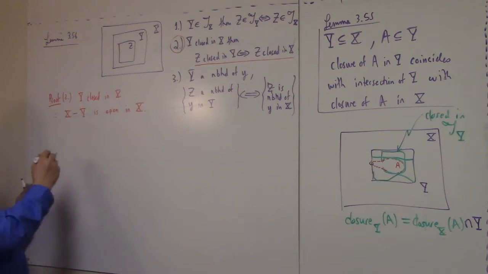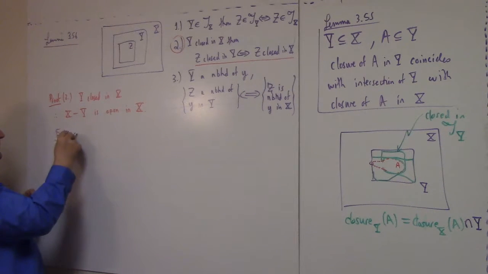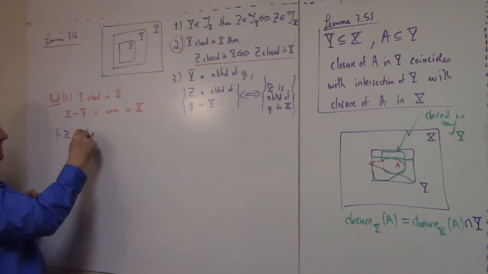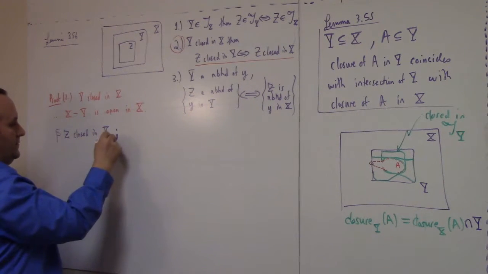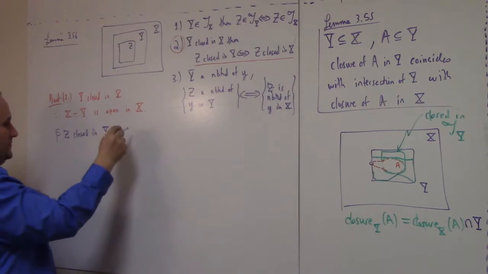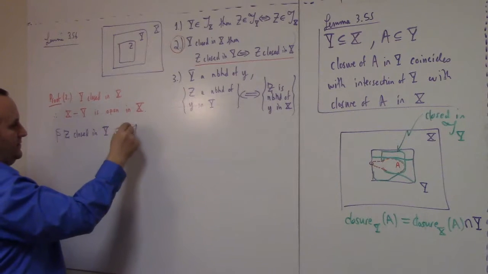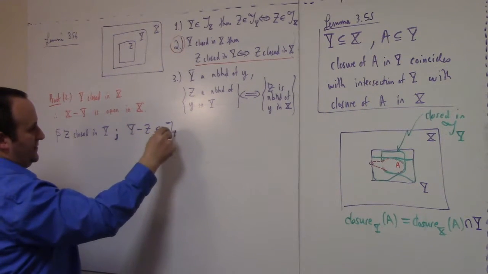So suppose Z is closed in Y. Then what? In other words, Z closed in Y means that Y minus Z is open in the subspace topology, right?